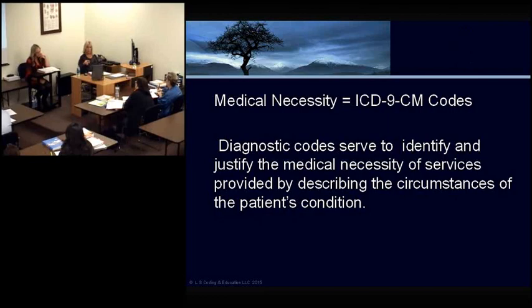But if we also did a chest x-ray because they also have abnormal chest sounds, we're not going to link that chest x-ray to the sore throat, are we? We're going to link that chest x-ray to the abnormal chest sounds. So on the real world bill, we'll be using 4 codes. And so we'll link diagnosis code number 1 to the evaluation and management office code, and we'll link diagnosis code 2 to the radiology code, the chest film.